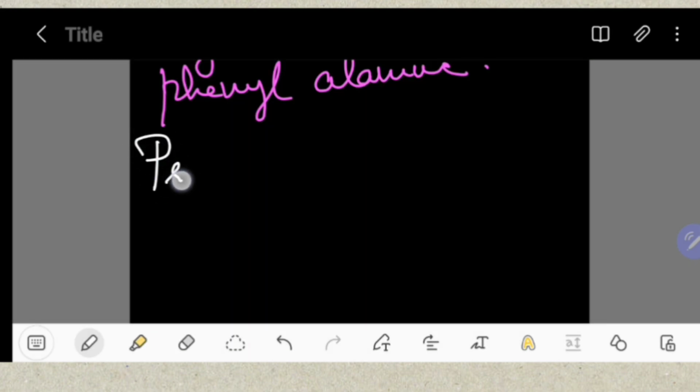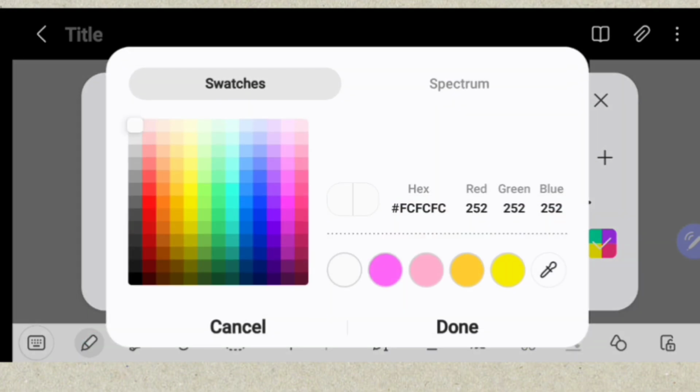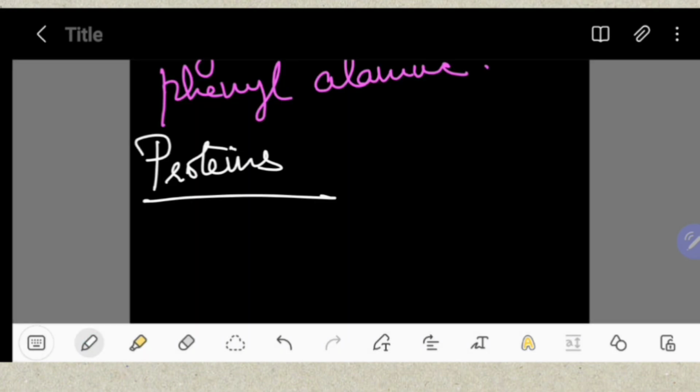Here proteins are formed from C, H, O, N and S. All these together form your proteins. They are the most abundant and most diverse organic compounds.